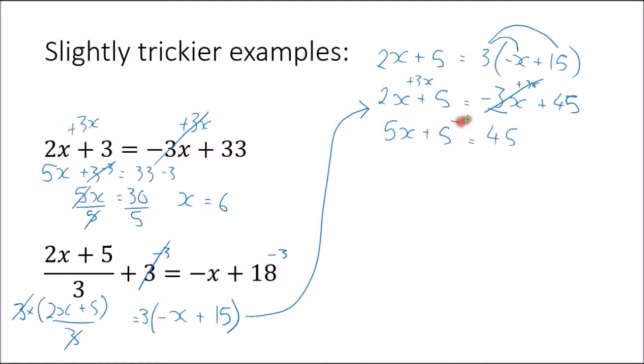I'm going to subtract 5 from both sides. They cancel. I'm left with 5x equals 40. Divide both sides by 5, and I'm left with x equals, once I cancel those, 8. So you can see that by following the steps, being careful with where you're combining like terms, being careful with your directed numbers, you can now start to solve more complex examples.